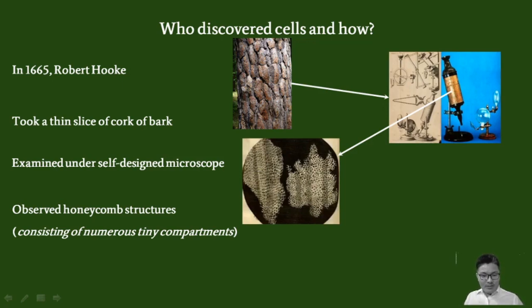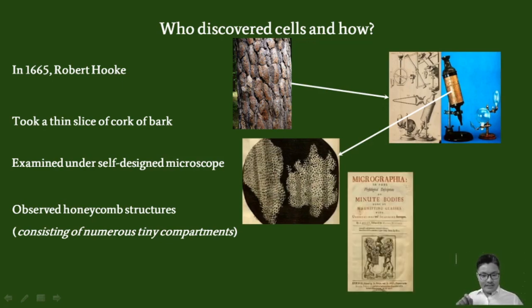So with this observation, he first coined term cella in his book Micrographia. So Robert Hooke is the first scientist to discover cells from bark of tree, and he described cell in his book Micrographia.